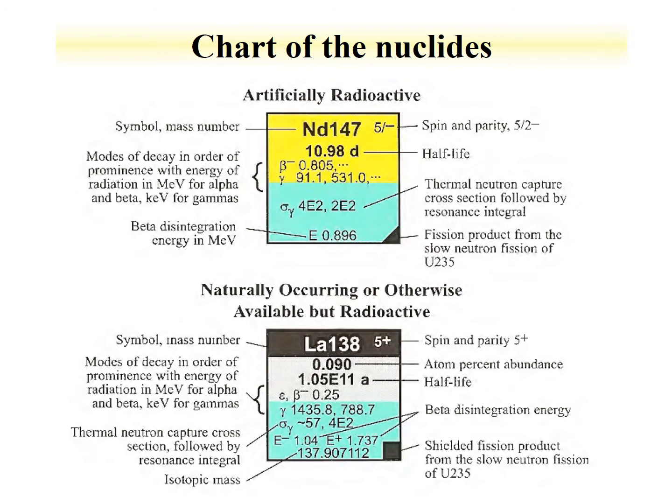Okay, here are some naturally occurring radioactive isotopes. The gray, again, is stable, but these are long-lived, so it's long-lived or stable. This black bar is the indicator that it's naturally occurring. So lanthanum-138, a spin of 5+. This is the abundance, so 0.09% of lanthanum is this isotope.